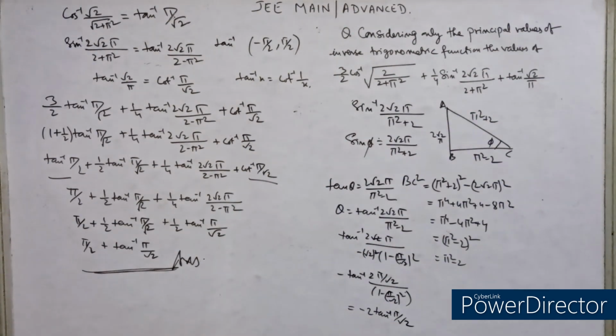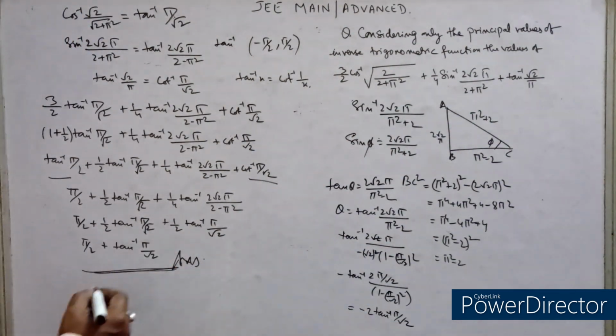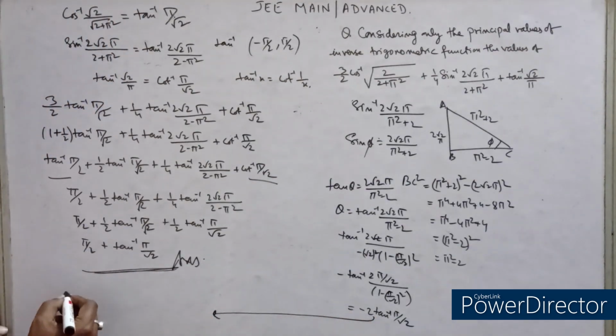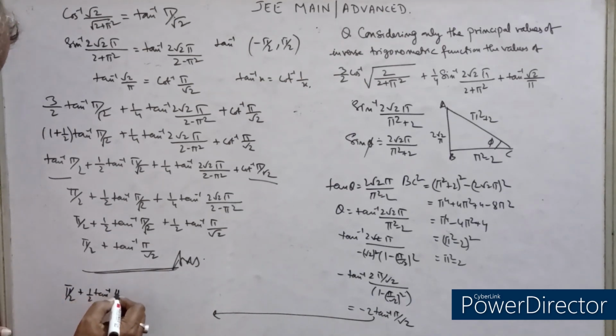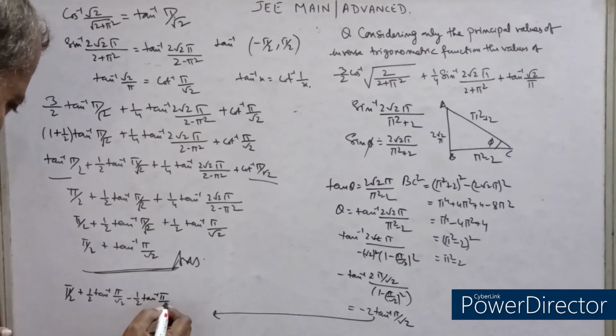If you consider this, your answer will be pi by 2 plus 1 by 2 tan inverse pi by root 2 minus 1 by 2 tan inverse pi by root 2.